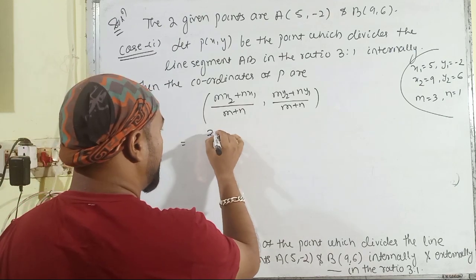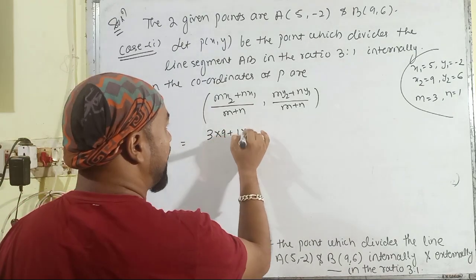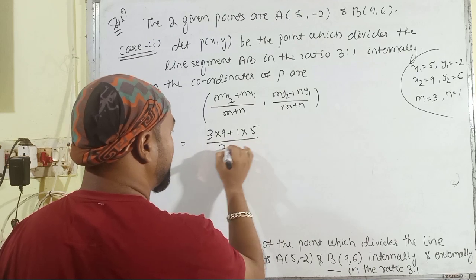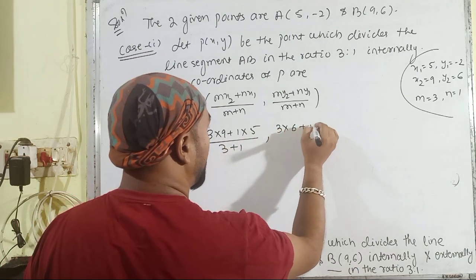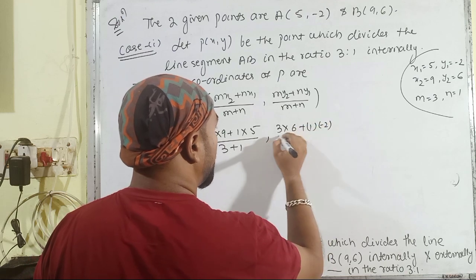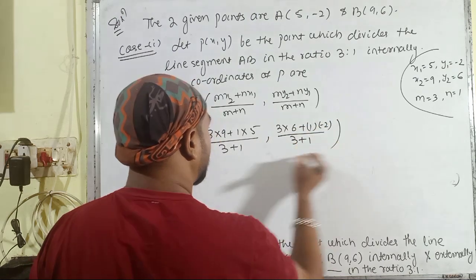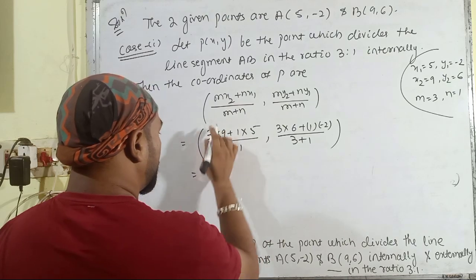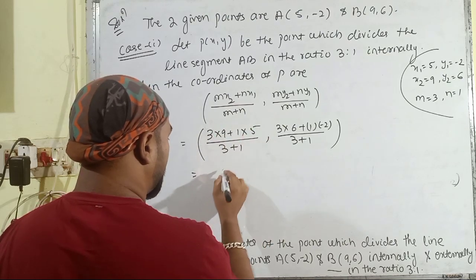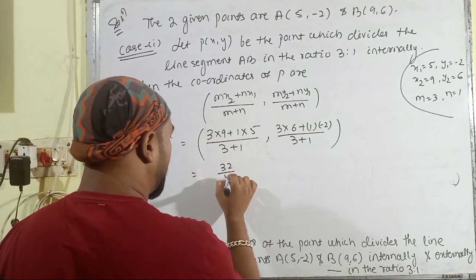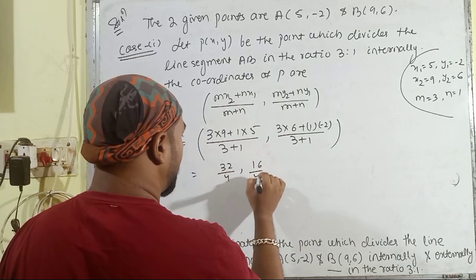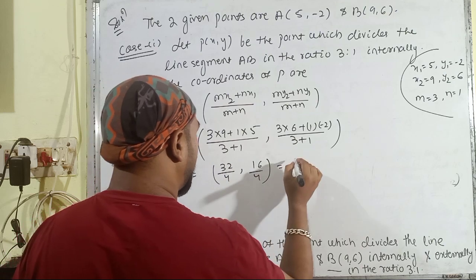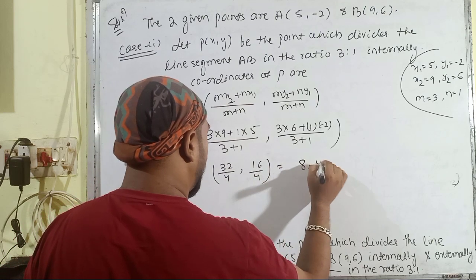So 3 multiplied by 9 plus 1 multiplied by 5, divided by 3 plus 1. Then 3 multiplied by 6 plus 1 multiplied by -2, divided by 3 plus 1. So it is 27 plus 5, which is 32 divided by 4. Then 18 minus 2, which is 16 divided by 4. So the required point is (8, 4).